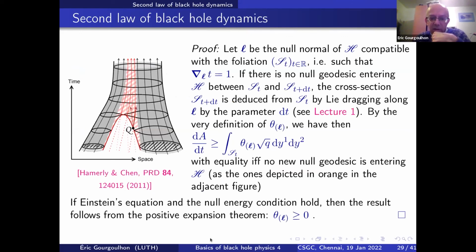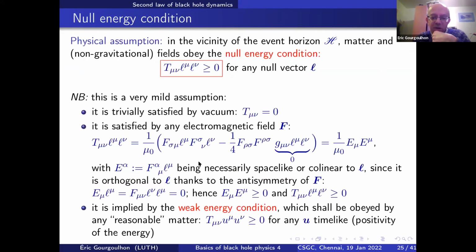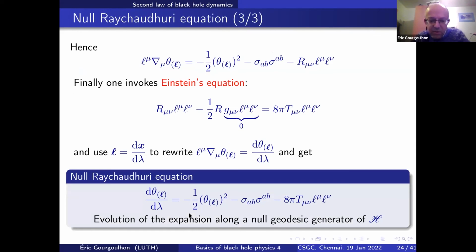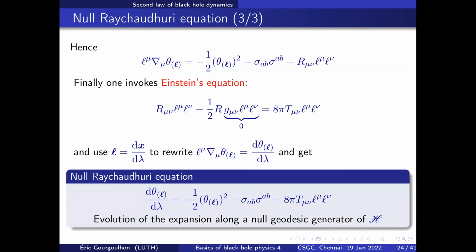If you choose a pre-geodesic vector, you will end up with a term with kappa theta, yes. So on the right-hand side, you're right. The second law follows through even if we have a non-zero kappa. The conclusion will be the same.